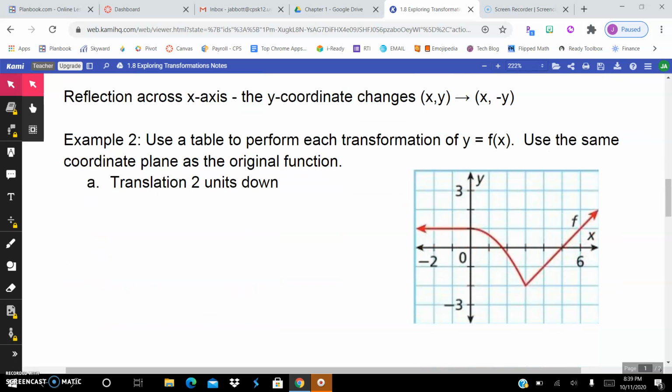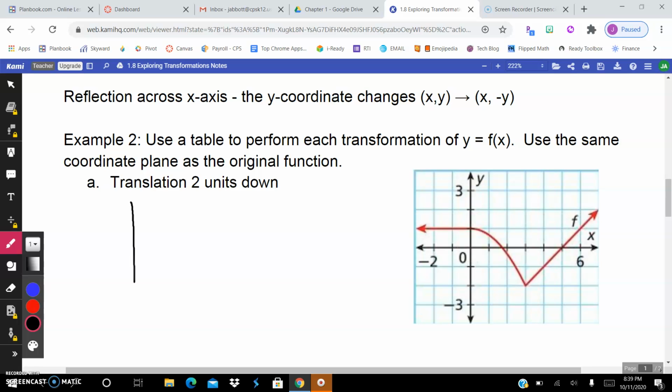So for example 2, it says use a table to perform each transformation of y equals f of x. Use the same coordinate plane as the original function. So we have this graph given here, and we have to make a table before we can translate it 2 units down. I'm going to write some points down that we already know. I can see that point there is -2 and up 1.